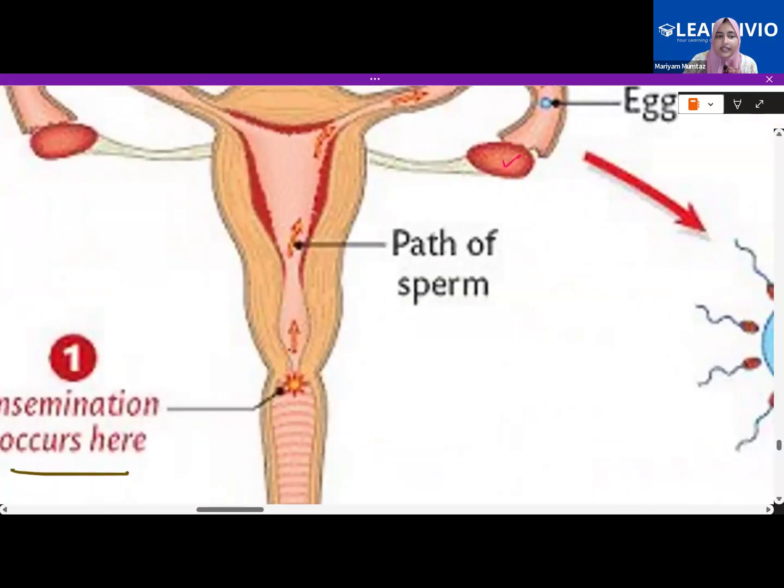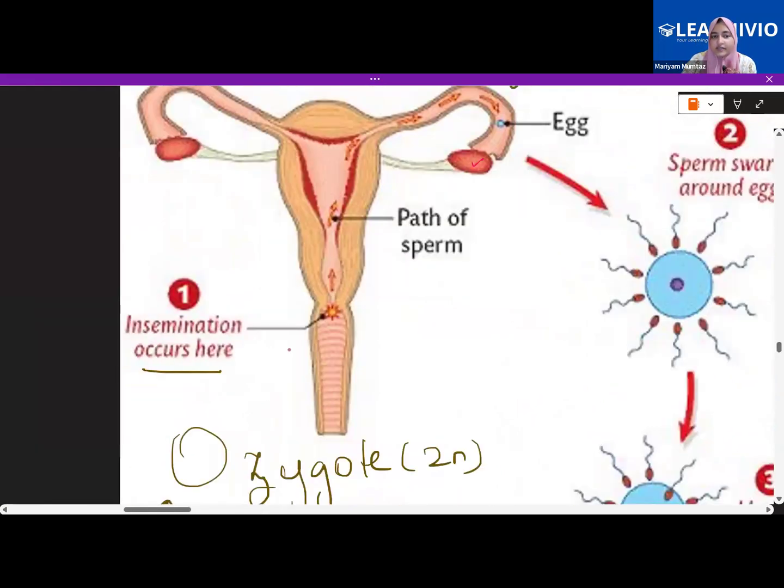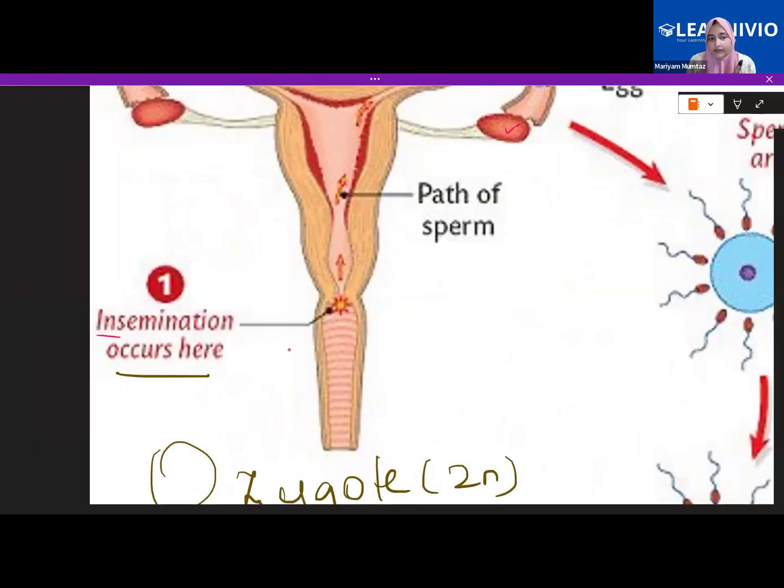Now the sperms enter, like insemination takes place over here. Insemination means release of sperm inside the female reproductive tract.